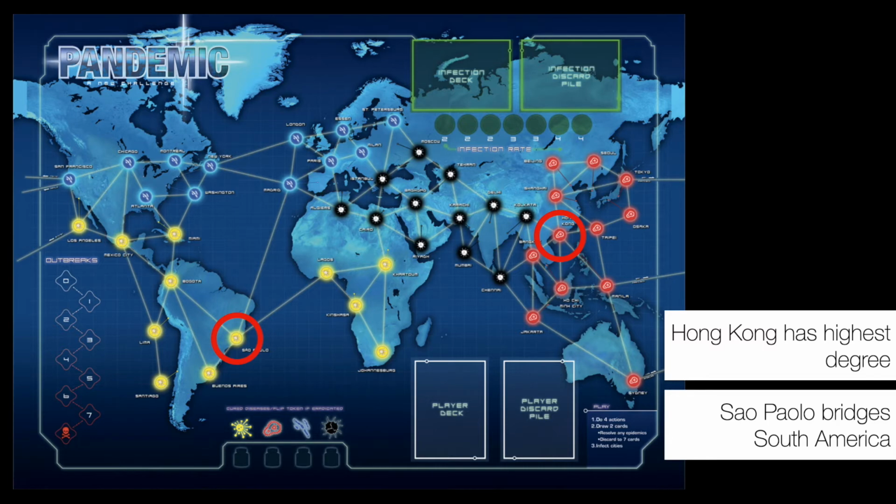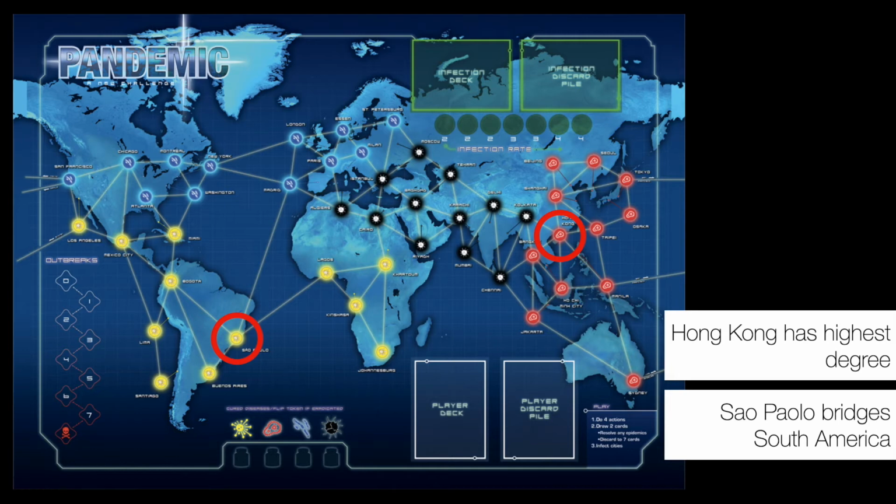Separate from degree, you could look at Sao Paulo and say, well, if we can somehow protect Sao Paulo, then we can cut off the spread of disease between South America and Africa. So South America is bridged to Africa through the city of Sao Paulo, meaning that Sao Paulo also has some importance.